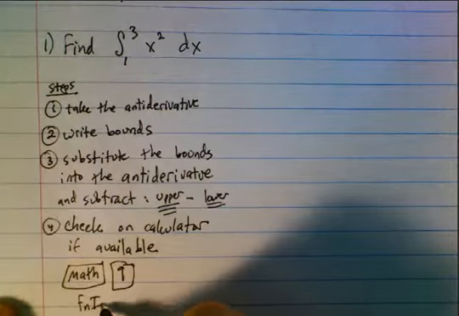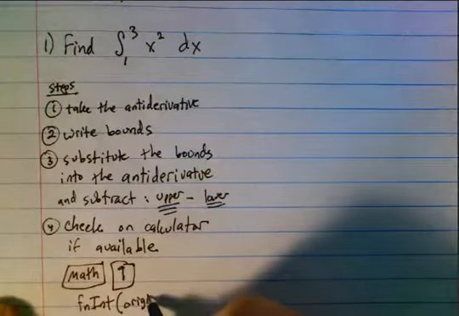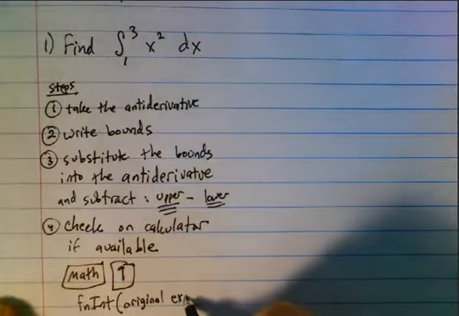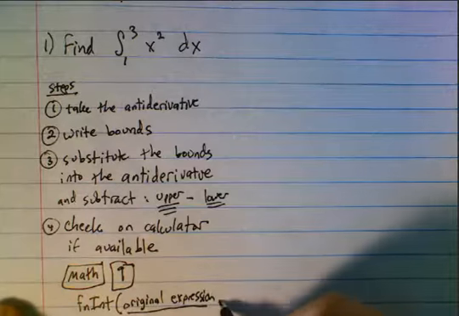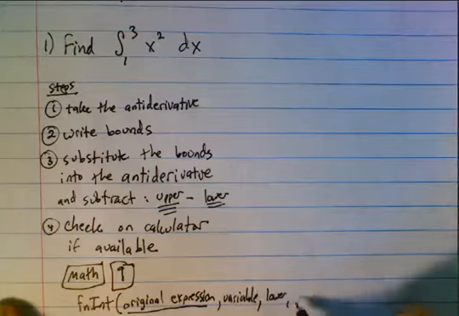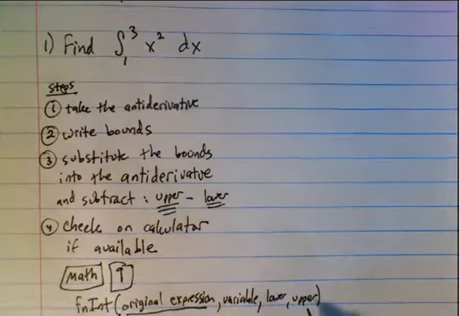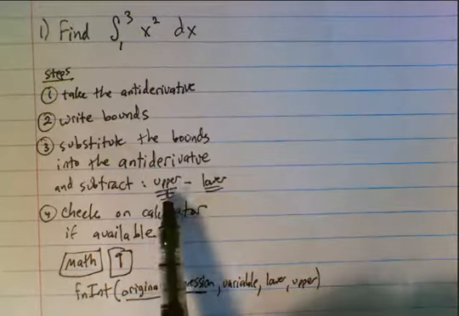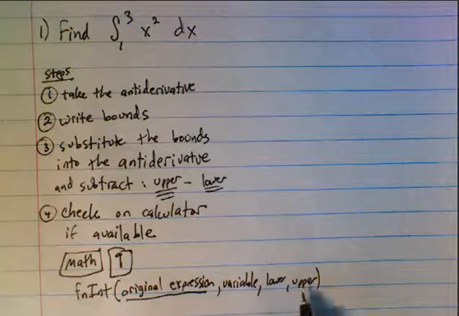It's going to be the definite integral, and we're going to do the original expression, variable, lower bound, and upper bound. Notice here we're always going to do the upper bound minus the lower bound. In the definite integral, we're going from smallest to largest, from the lower bound to the upper bound.